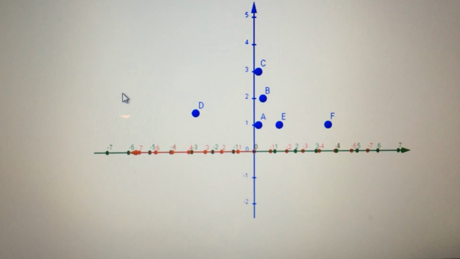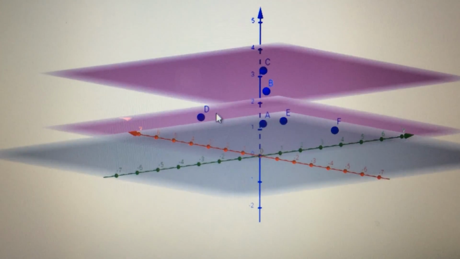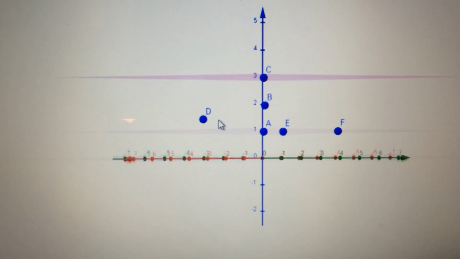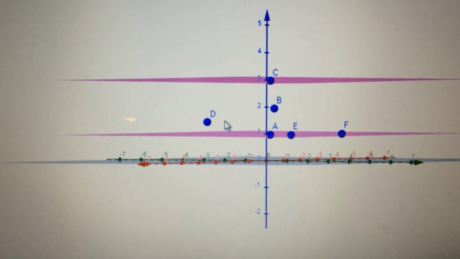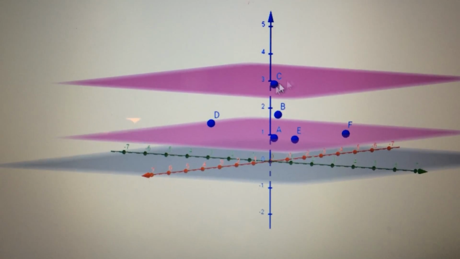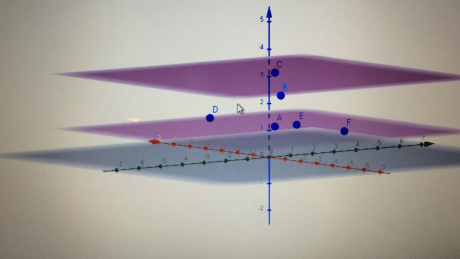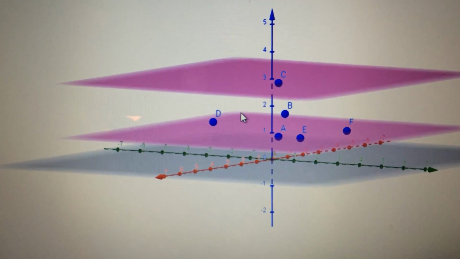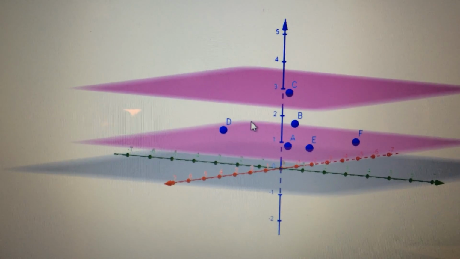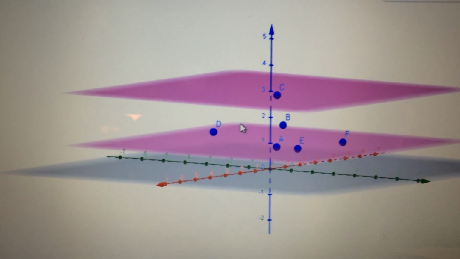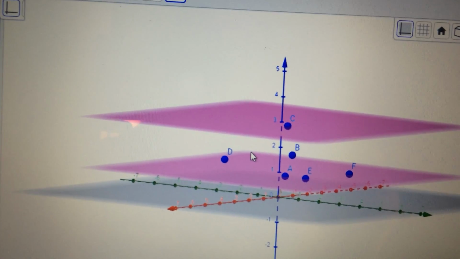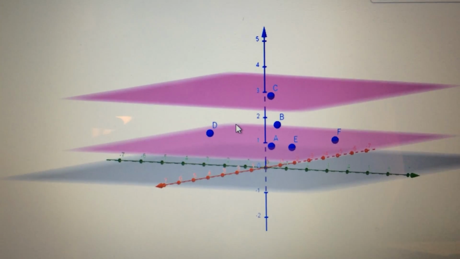For instance, this bottom plane has a z value of 1 throughout the entire plane, and the above plane has a z value of 3 throughout the entire surface of that plane. So there is no difference in the z values at all. Because there's no change in the z direction, there's going to be no rise. There's going to be a value of 0 in our rise.